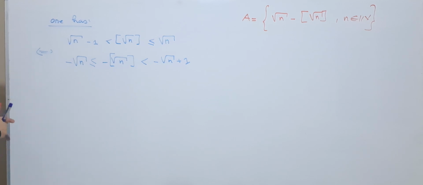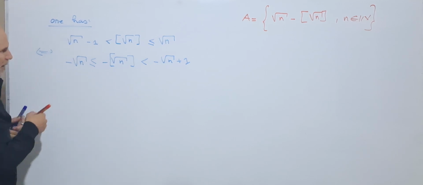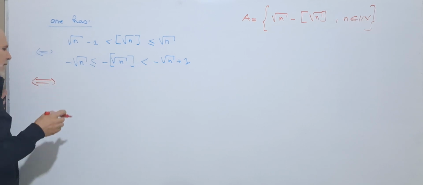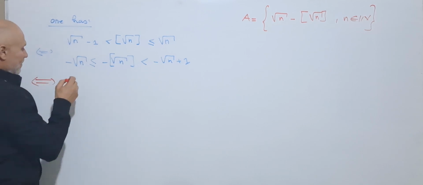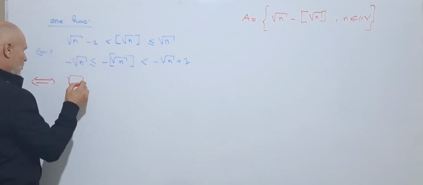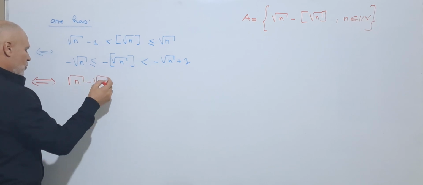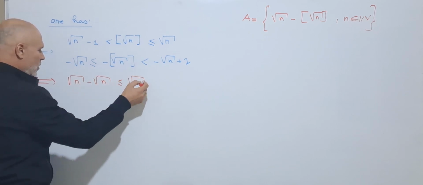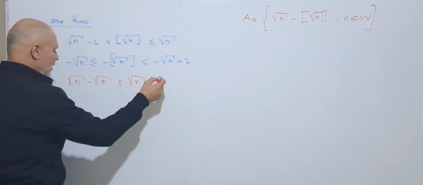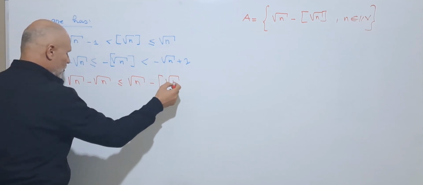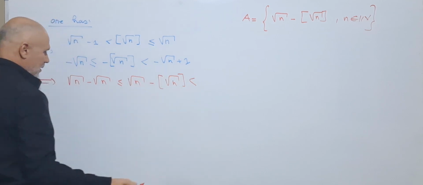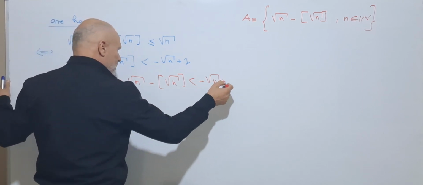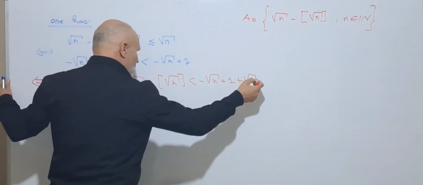By adding both double inequalities, we get the square root of n minus the square root of n, which is less than or equal to the square root of n minus the integer part of the square root of n, which is less than minus the square root of n plus 1 plus the square root of n.